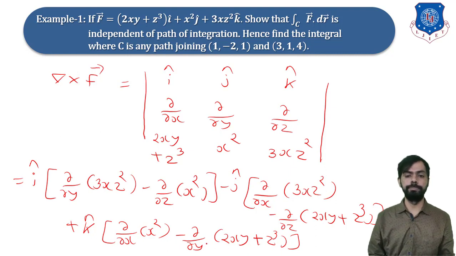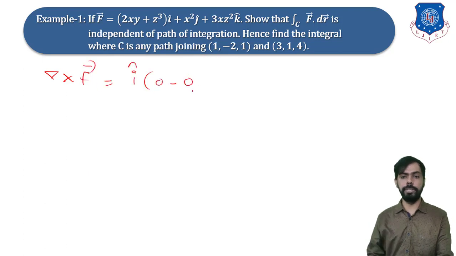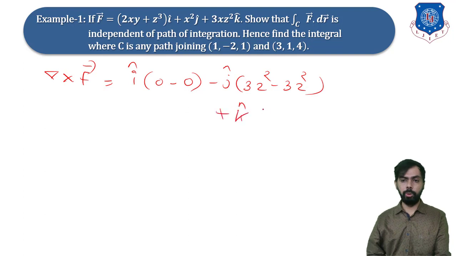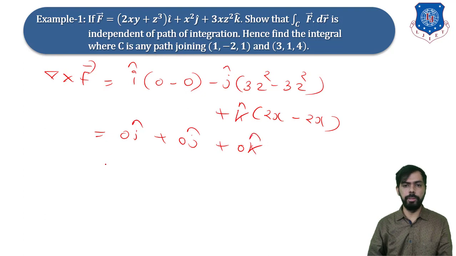So curl of F is equal to i cap in bracket 0 minus j cap (3z square minus 3z square) plus k cap (2x minus 2x). So this will be equal to 0i plus 0j plus 0k. Therefore curl of F is equal to the 0 vector.